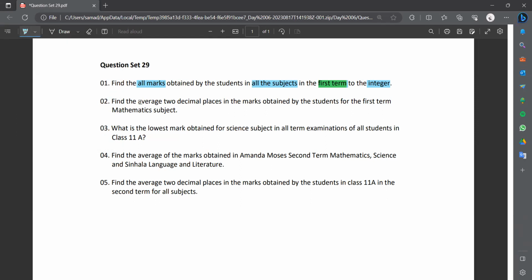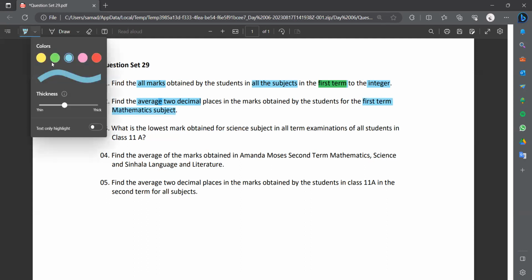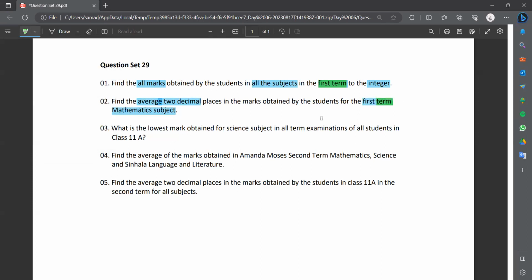Find the average, to two decimal places, of marks obtained by students for the first term mathematics subject. Therefore, we need the term table and subject table.